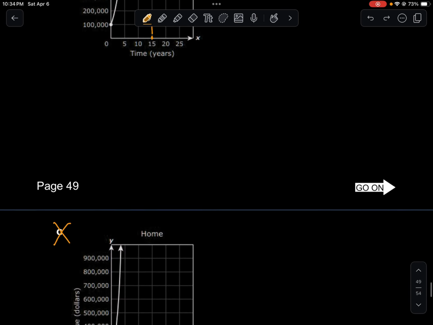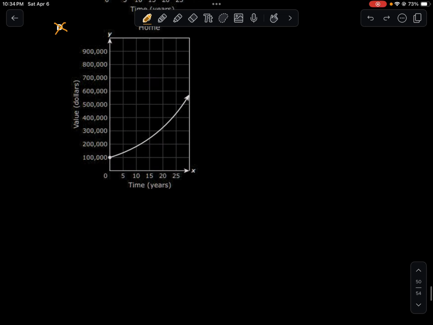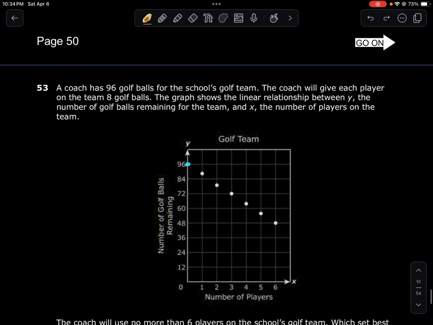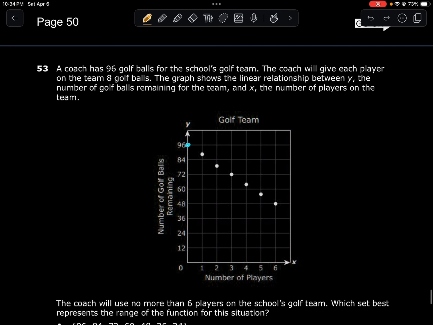All right, two more. 53. A coach has 96 golf balls for a school's golf team. The coach will give each player of the team 8 golf balls. The graph shows the linear relationship. Okay, linear, that's a key word.